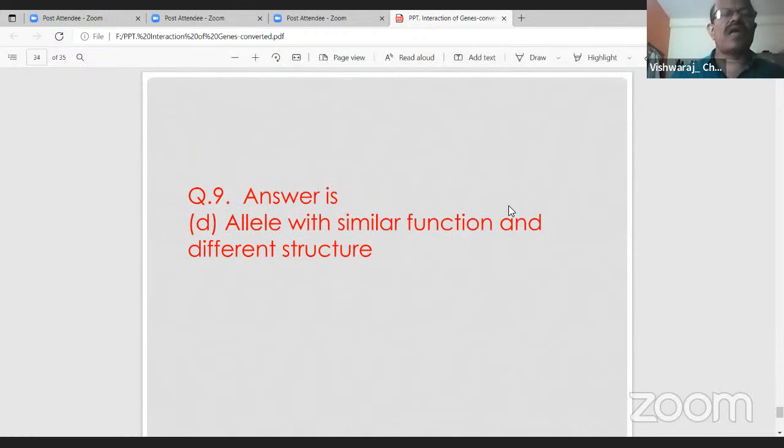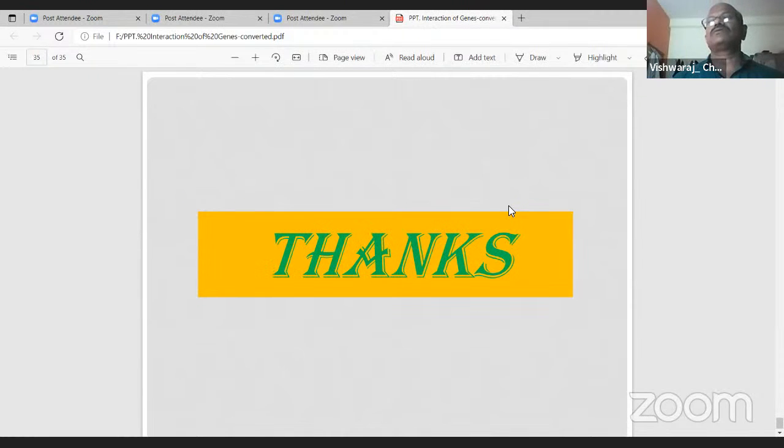Your answer is allele with similar function and different structure.